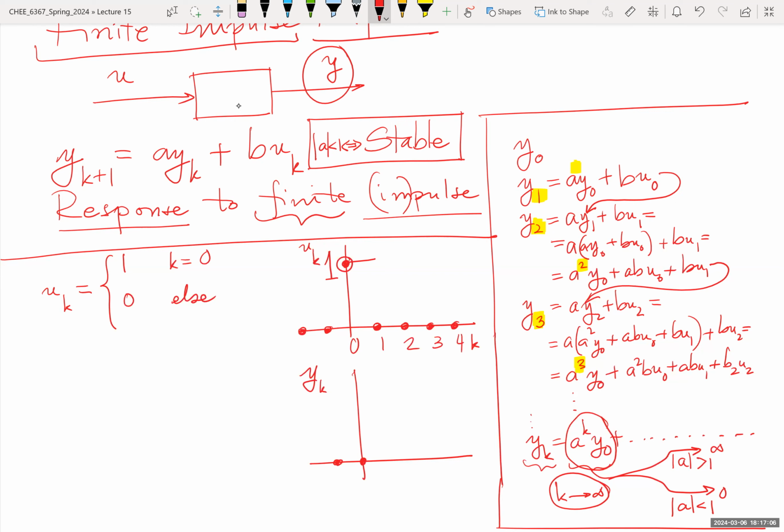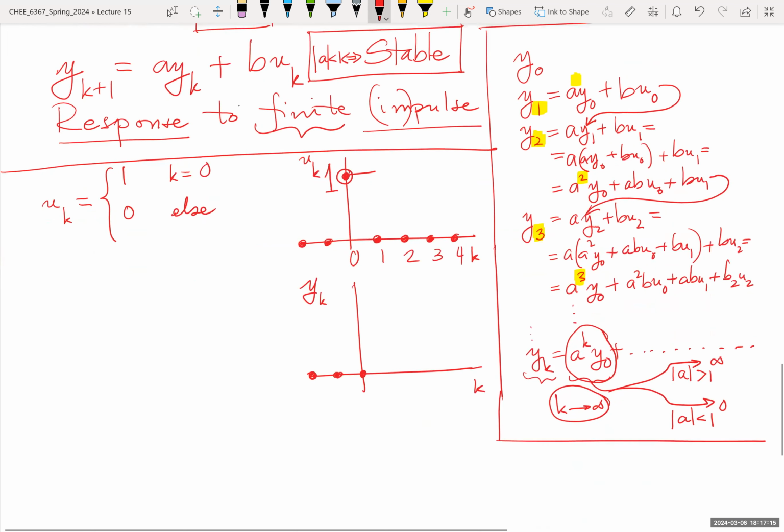This has been at steady state. So input has been 0, output has been 0. So I'm going to observe how my system behaves. If I throw this input u sub k to my first order system described by this equation, let me observe what I'm going to get.